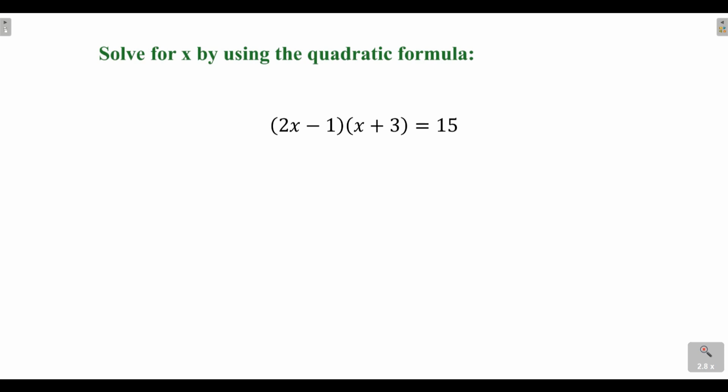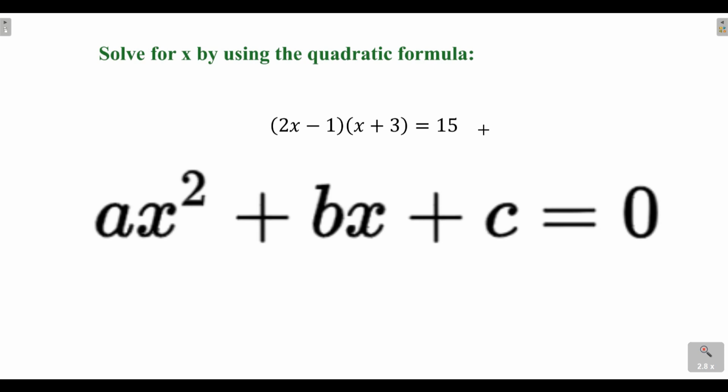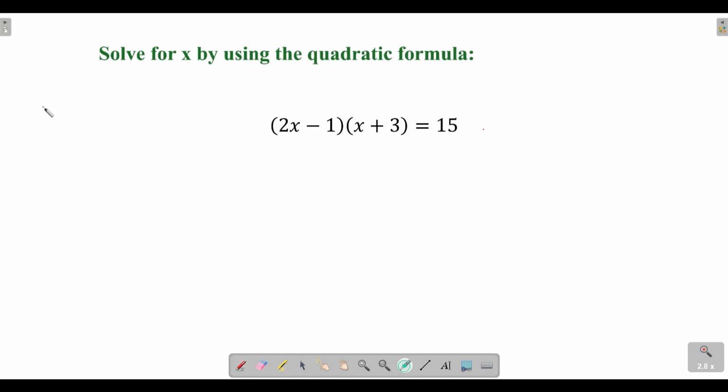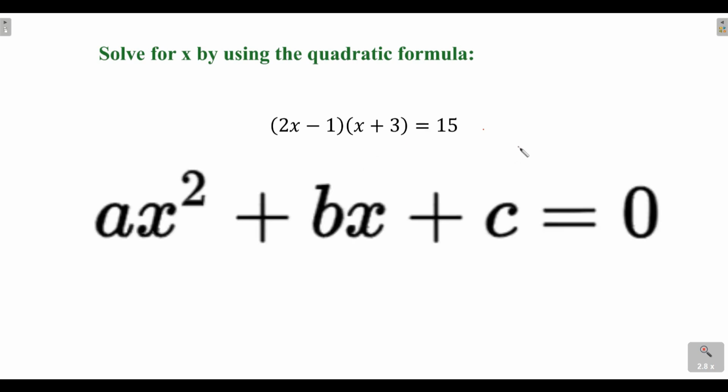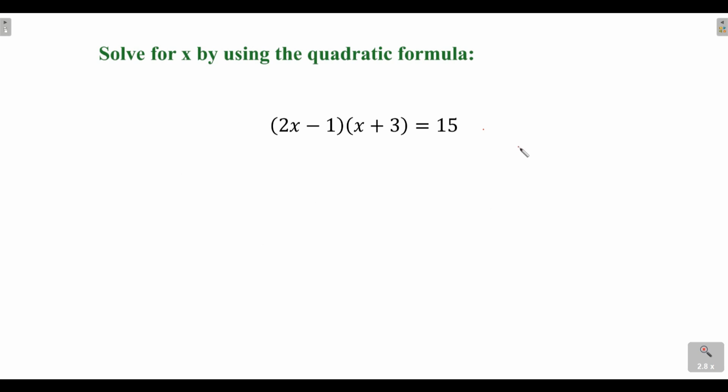And what we can already see with this equation is that it's not packaged in the form of ax squared plus bx plus c is equal to 0. So we need to do some work, and transform what is given to the standard form so that we can solve this equation by using the quadratic formula for x.